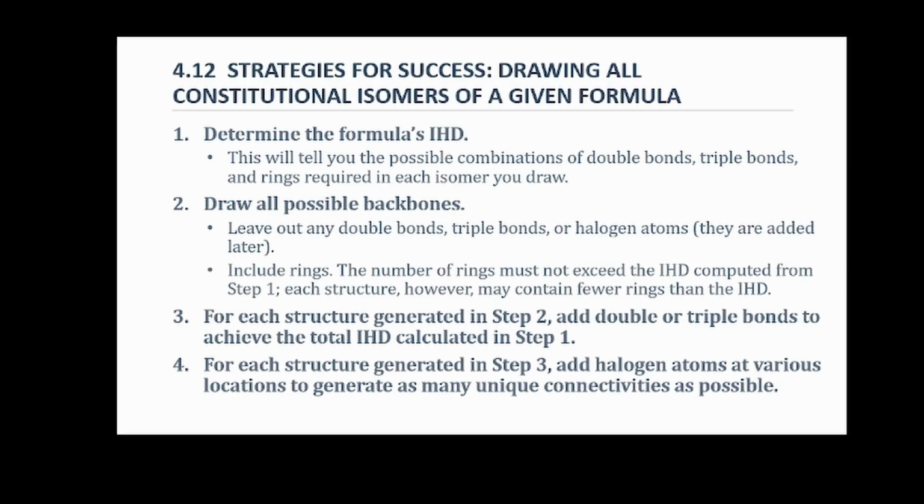All right, so this is again, drawing all the constitutional isomers for a given formula. This can be more challenging than you'd imagine. You can actually start getting to ridiculous numbers of constitutional isomers once you start getting long enough. But this is how you can systematically do that. Okay? Anybody know why you might need to do this? What if you do a reaction and you don't actually know exactly what product you're going to make?